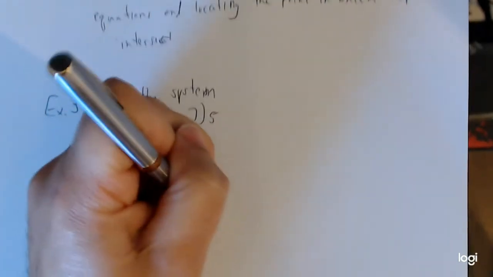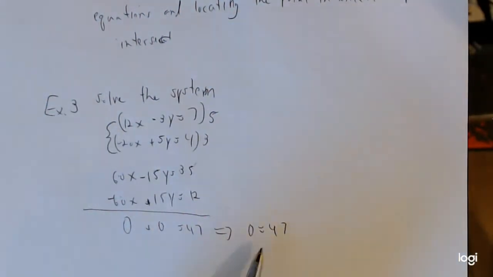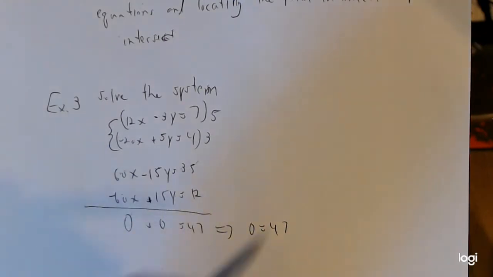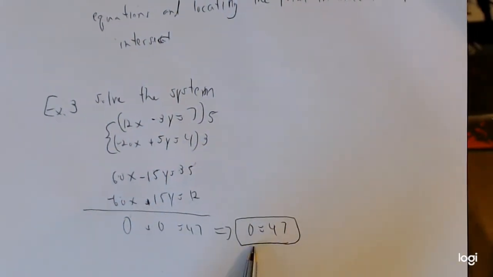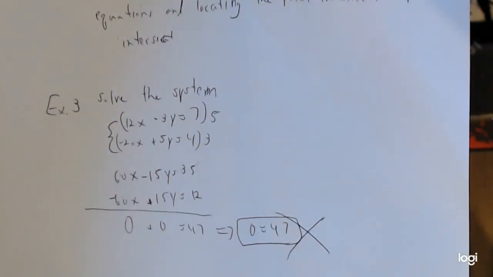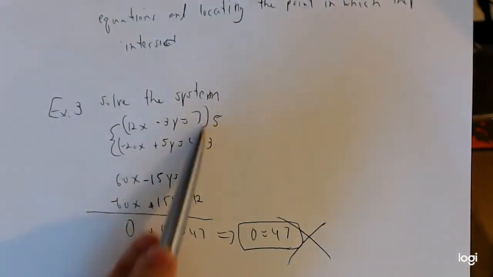So I get 0 equals 47. Going through this process, I got a result that makes no sense whatsoever, because 0 is clearly not the same thing as 47. This suggests we have something that makes no sense, which means this system has no solution.